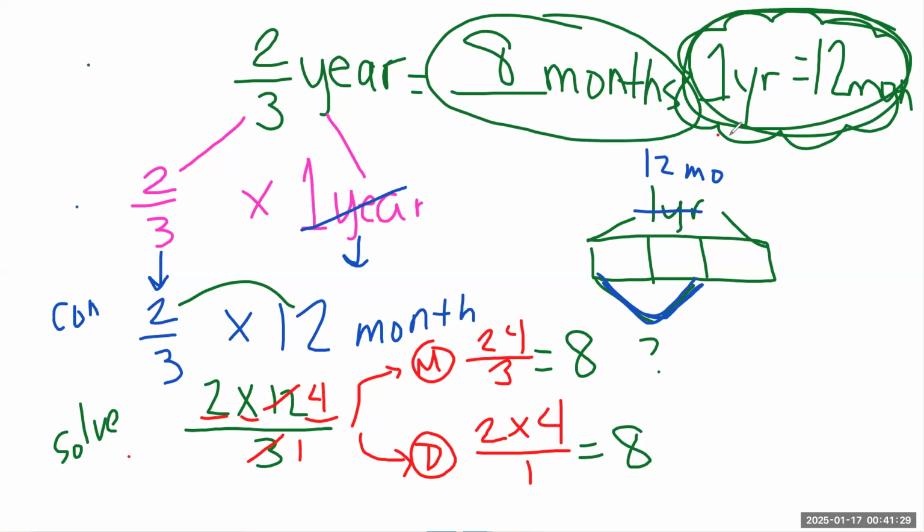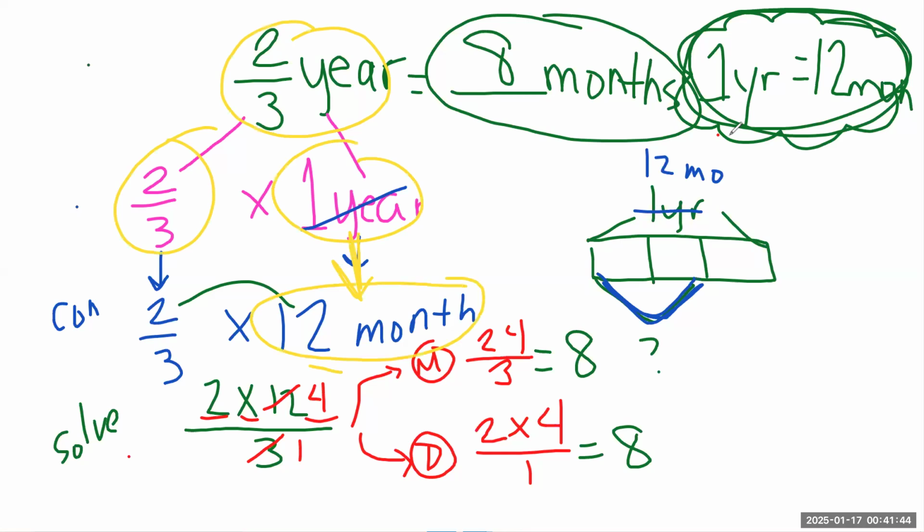But I want to see your writing when solving these problems. Just a reminder one last time, you are going to separate the number from the unit. You're going to convert the unit, and then you're going to solve. That's it. Okay? Let's go ahead and get you started. Good luck, please.